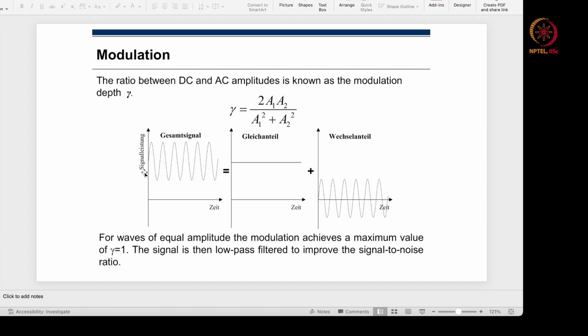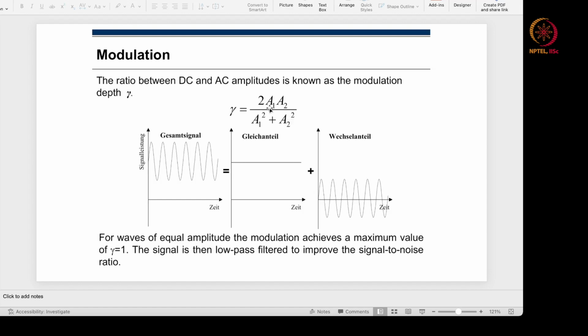So if you now look at it, the ratio between the DC and the AC amplitude is known as the modulation depth. Now, the modulation depth, if you look at it carefully, is 2A1A2 divided by A1 square plus A2 square.